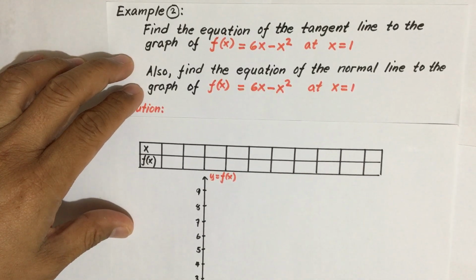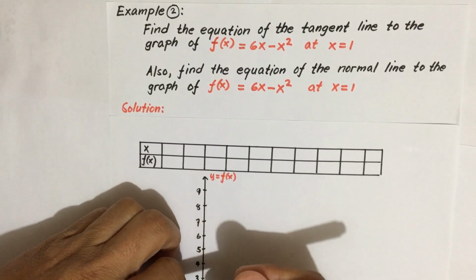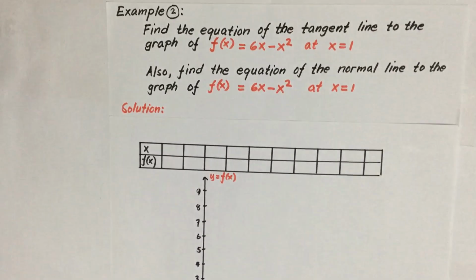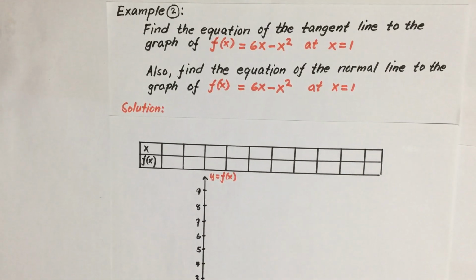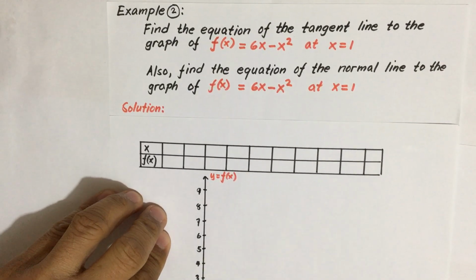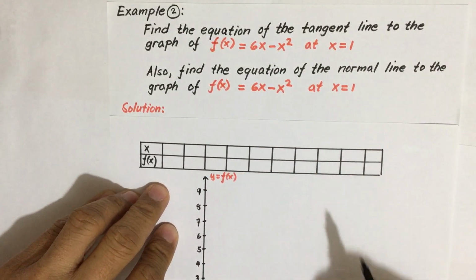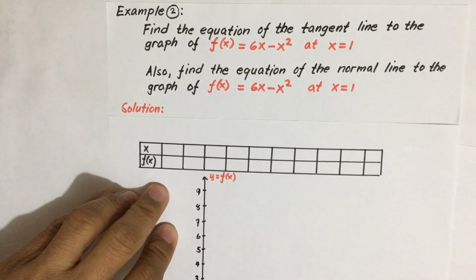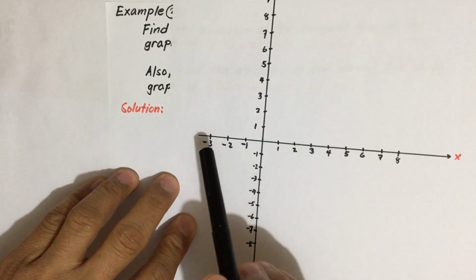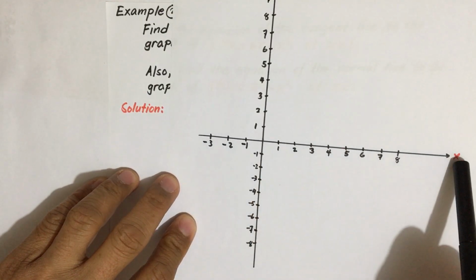Okay, so one of the ways to graph the function is to take some values for x and then solve for f of x. So for example, if you have the number line, you just consider this horizontal line here.